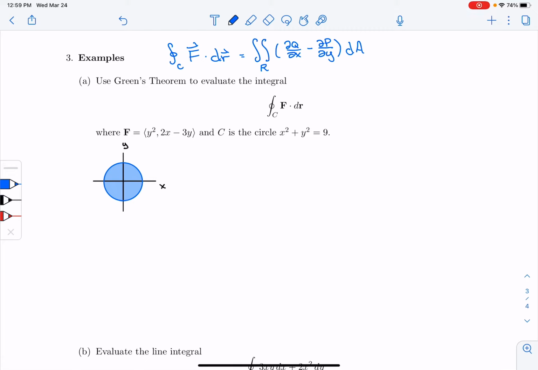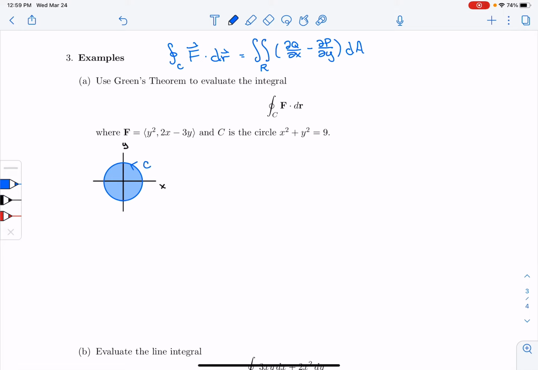So for our first example, we're going to integrate around a curve F dot dr, where F is the vector field y squared and 2x minus 3y, and C is the circle x squared plus y squared equals 9. So here, C is that circle of radius 3.